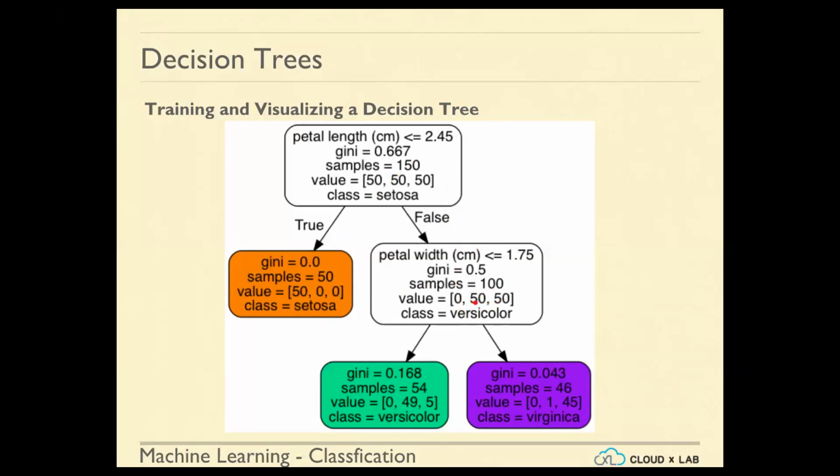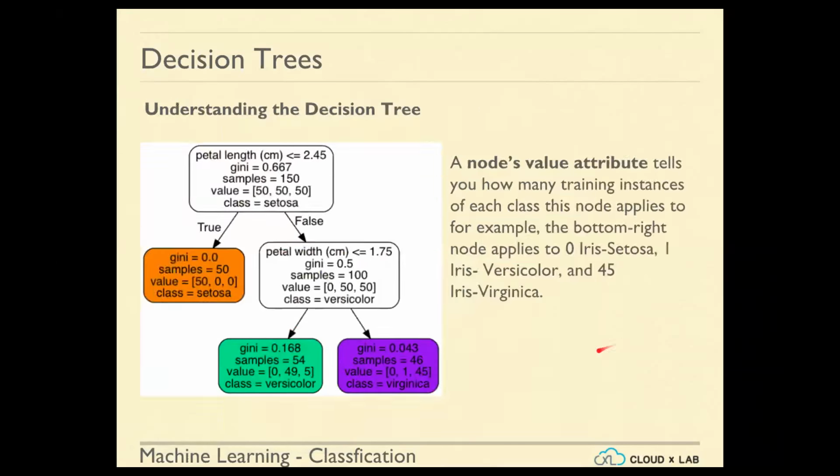Then further, it figured out that if petal width is less than 1.75, the chance of it being versicolor is high, while if the petal width is greater than 1.75, the chance of it being virginica is really high. So it generated this model based on our data. Now with this we could do predictions.